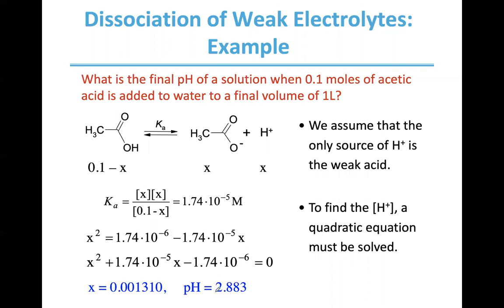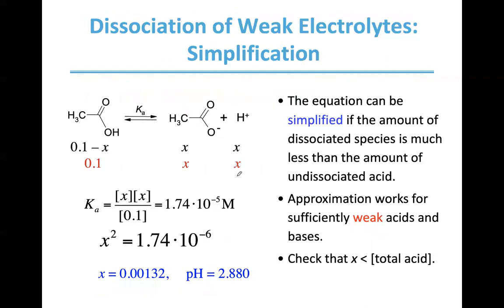And remember, for weak acids, pH is about between 1 and 6. Under 7, but above 0. So we're in the right region. So this is one example of a calculation of a pH.